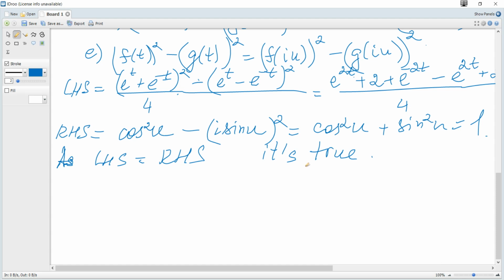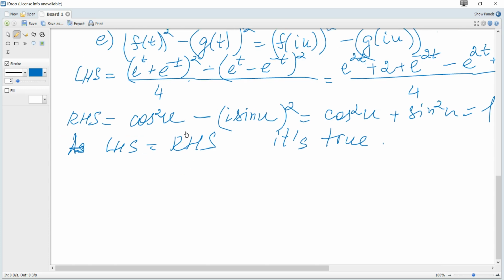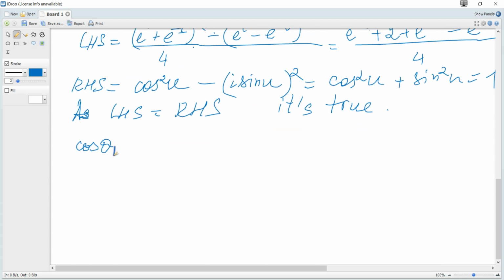The next, the functions cosine of x and sine of x are known as circular functions, as the general point cosine and sine of theta defines points on the unit circle with equation x squared plus y squared is 1.